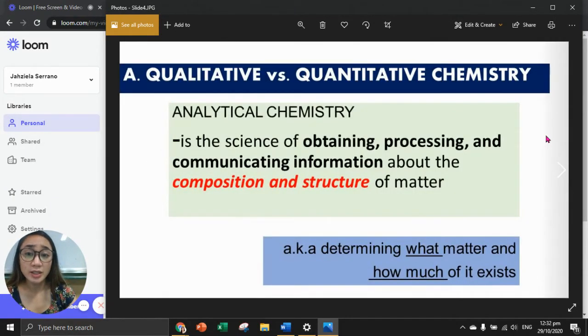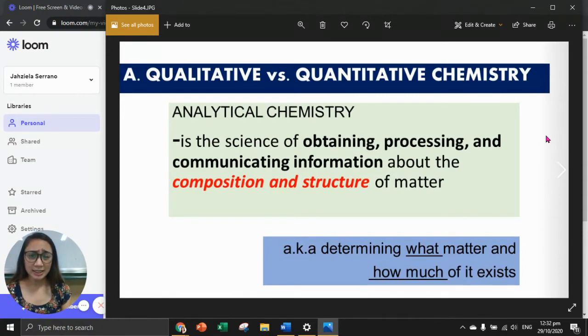So let's start with defining what analytical chemistry is. Analytical chemistry is the broader range of qualitative and quantitative. Under analytical chemistry, we have two branches of chemistry, which are qualitative and quantitative chemistry.